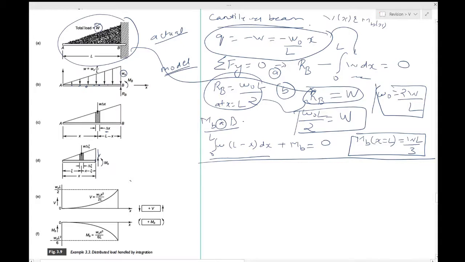Again, just like the previous case, you take this small symbol delta E, let me call it E over here, and we are not using the symbol x because x is taken already. The weight acting on this small part will be W into delta E, where W is the intensity which we have over here.